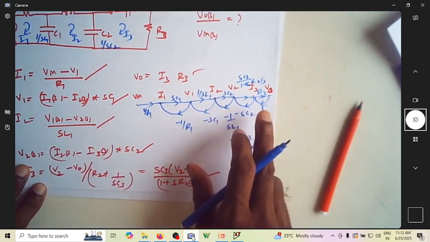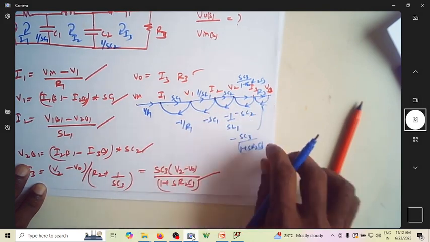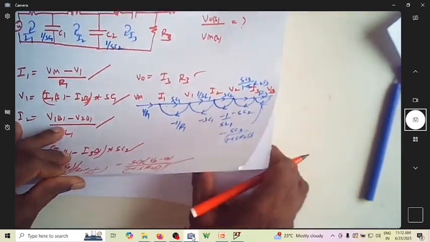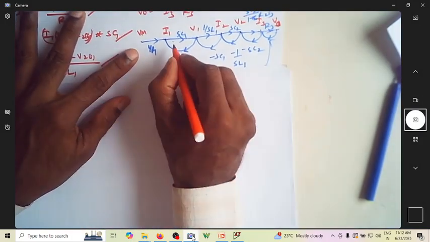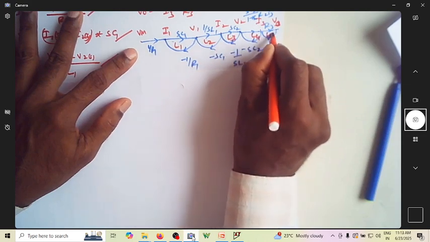Delta 1 is 0. Identify the loops: 1, 2, 3, 4, 5 loops. I'll just leave it to you. How do you get the transfer function? You have loop 1, loop 2, loop 3, loop 4, loop 5.